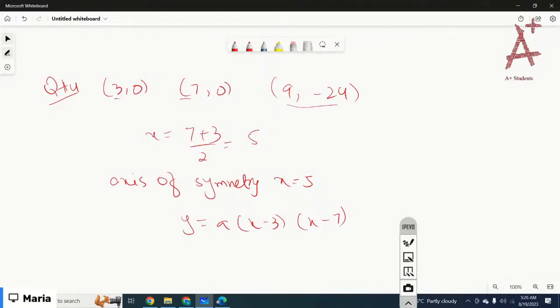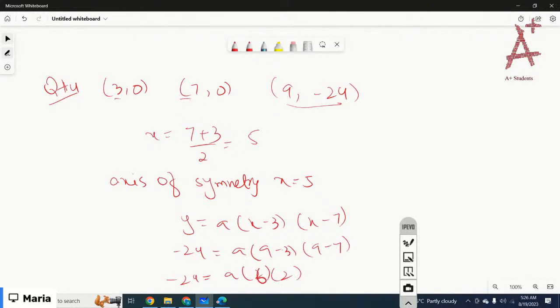Let's use the point (9, -24) and calculate the value of a. It would be negative 24 equals a times (9 minus 3) times (9 minus 7). 9 minus 7 is 2, and 9 minus 3 is 6.